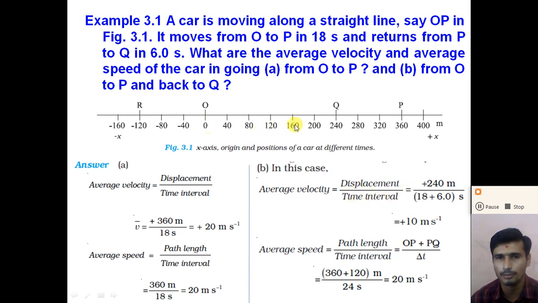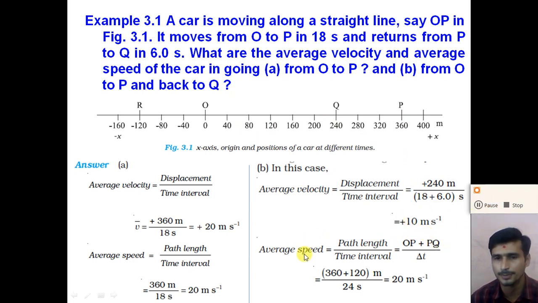From O to Q, the displacement is 240 minus 0, so we get 240 meters. The time taken from O to P is 18 seconds, and P to Q is 6 seconds, so the total is 24 seconds. Displacement divided by time, 240 divided by 24 seconds, gives an average velocity of 10 meters per second.